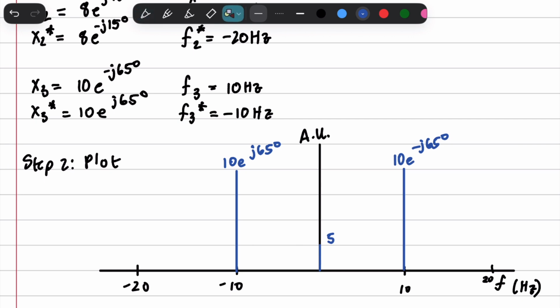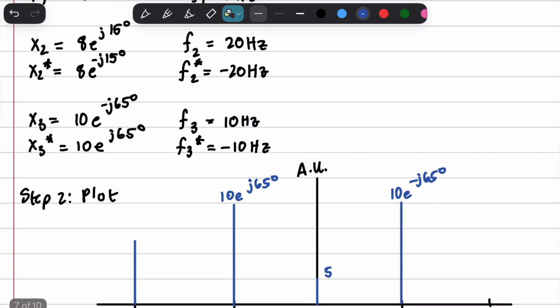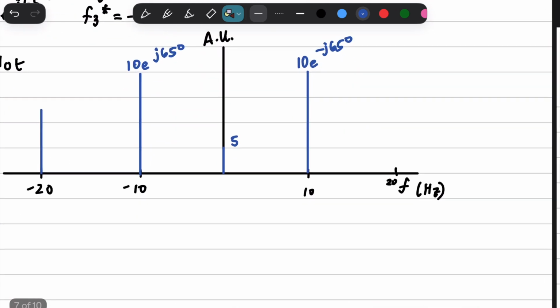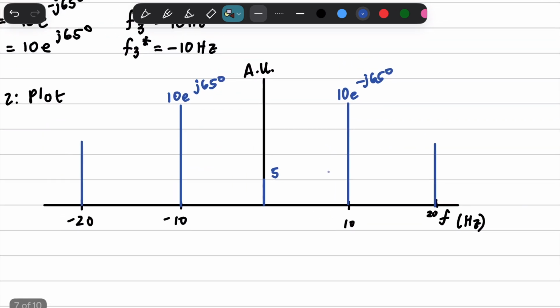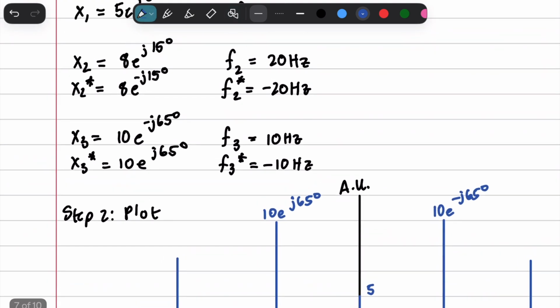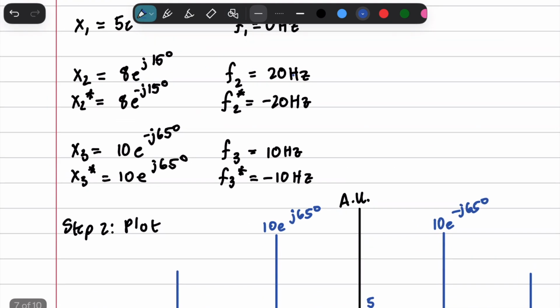And then finally, we get to plot the last set, this 20 hertz right here, like this. And so once again, make sure that you line up the positive frequency with the correct phase, okay?